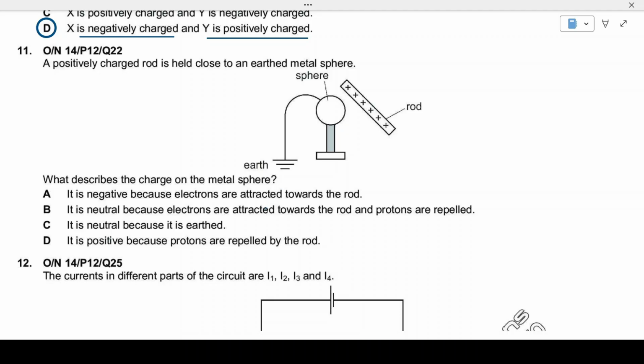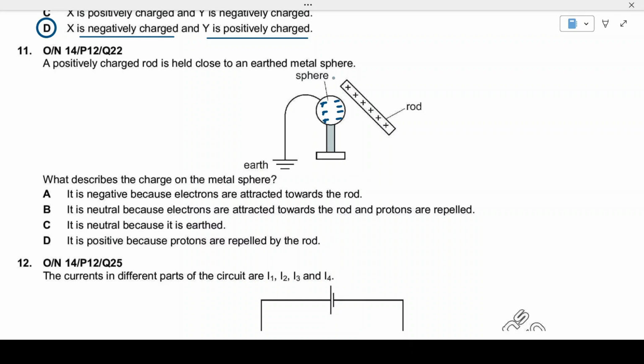These are slightly more advanced. A positively charged rod is held close to an earthed metal sphere. What describes the charge on the metal sphere? So, first of all, the side near the rod would be negative and the far side would be positive.